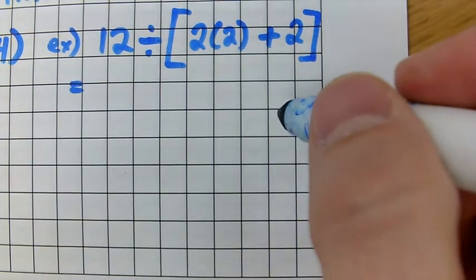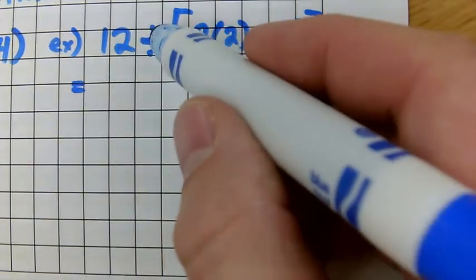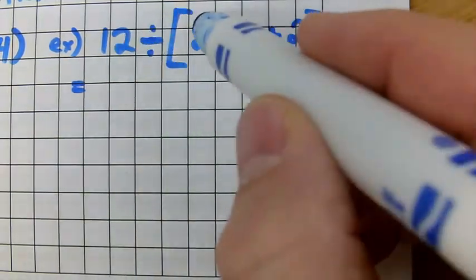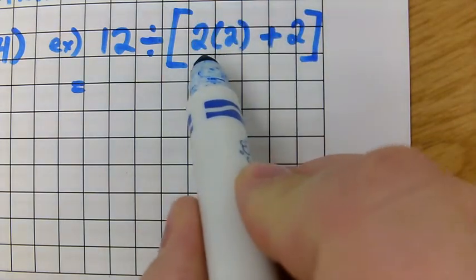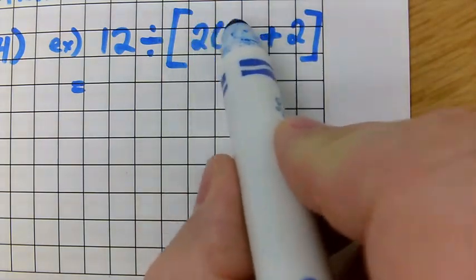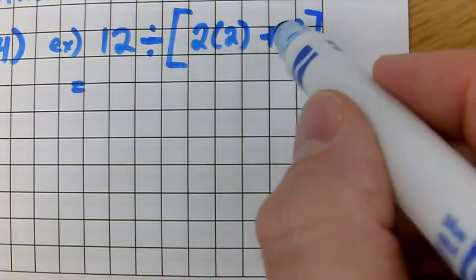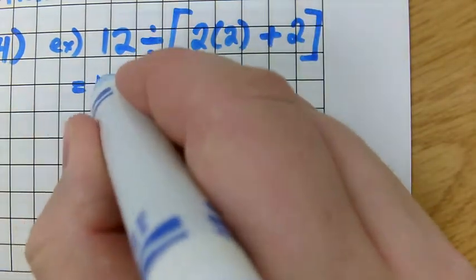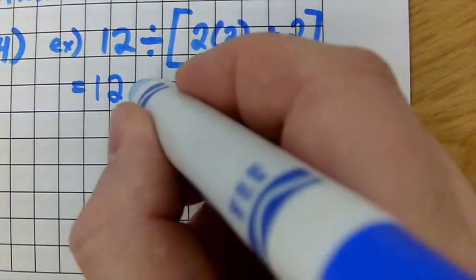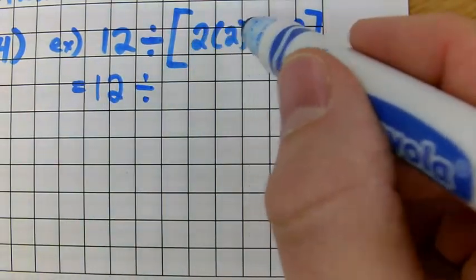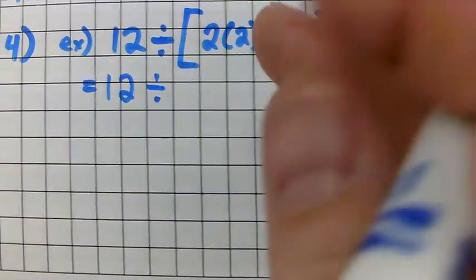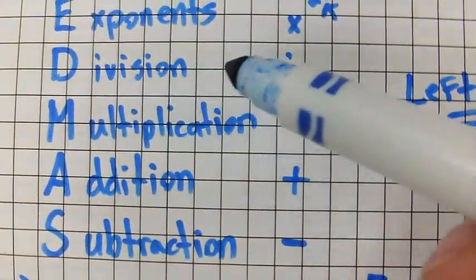Here's another question. It's a little different. It has 12 divided by, and in brackets, the product of 2 times 2, and then add 2. Remember, when there's a number just in front of a bracket, it means 2 times anything in those brackets. So let's do what's in the brackets first, right? Which comes first? Is it division or multiplication?